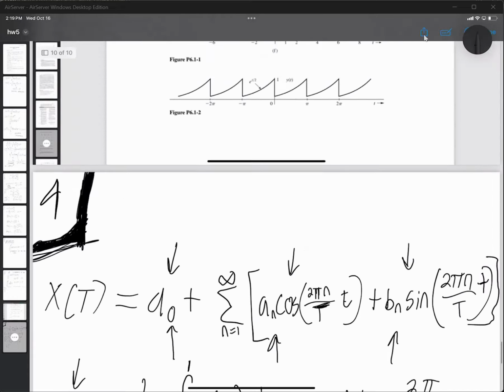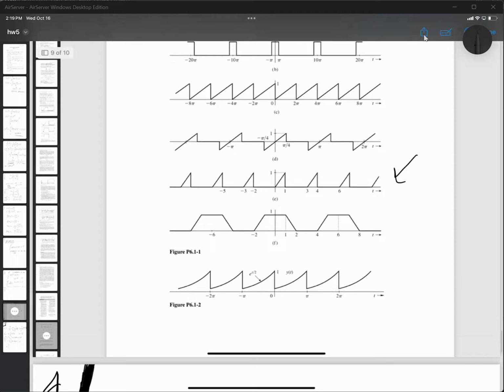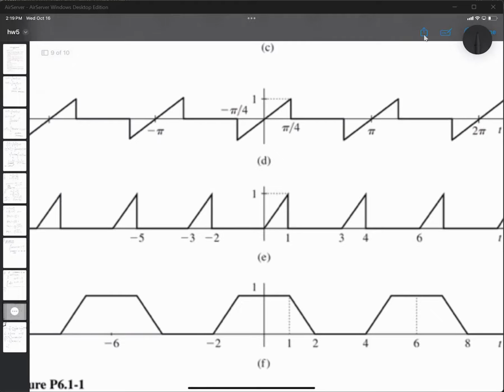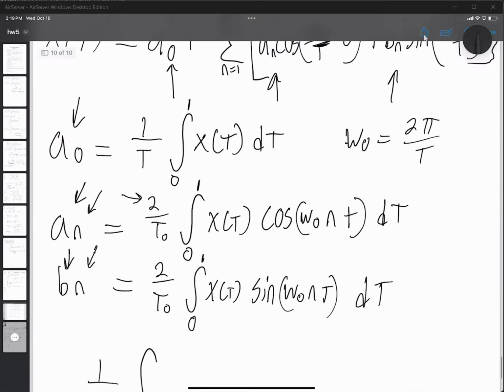What is x of t? It's the function we're integrating under. For this ramp function, if you want to integrate under this triangle here, it goes from 0 to 1. The slope's just 1, so it would just be t.